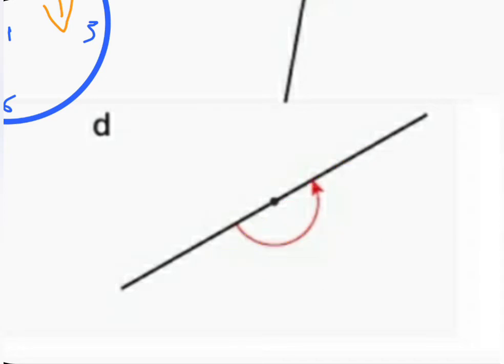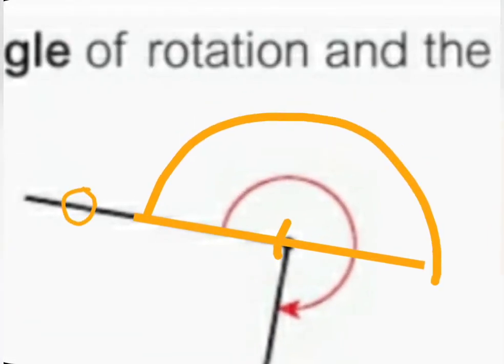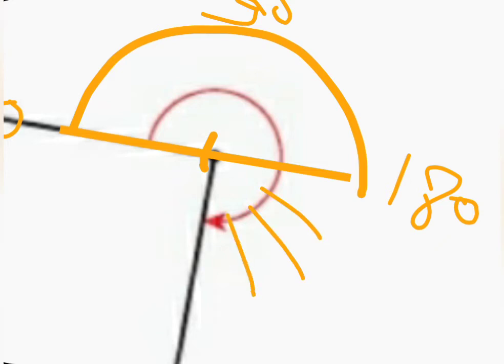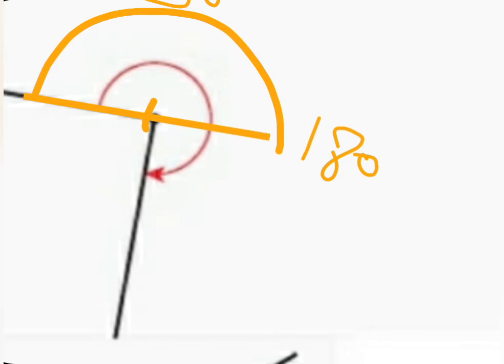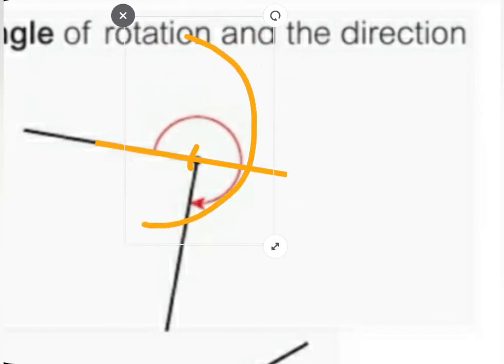So when we put the protractor on the arrow side, we find out that this is 0, this is 90, and this is 180. We didn't finish yet. We still have this part here. So we stop here at 180, right? Or we can stop at 90 and then move the protractor here, like this.